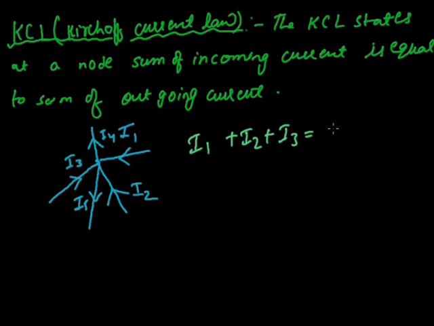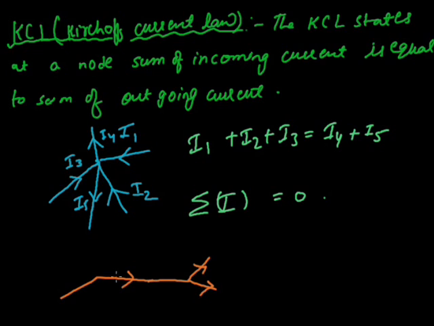Here I4 and I5 both are leaving the node. So at a node, the sum of all the incoming and outgoing current is always equal to 0.